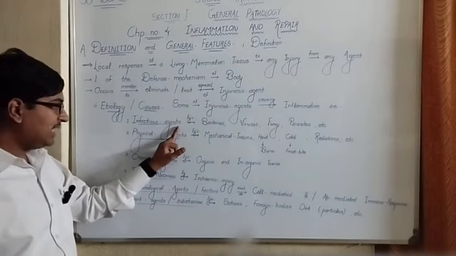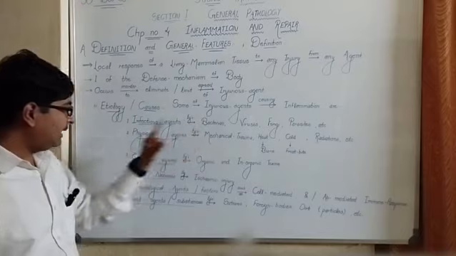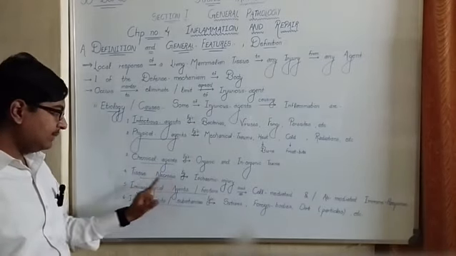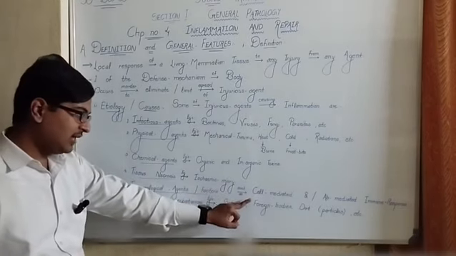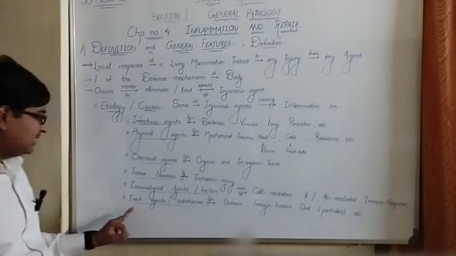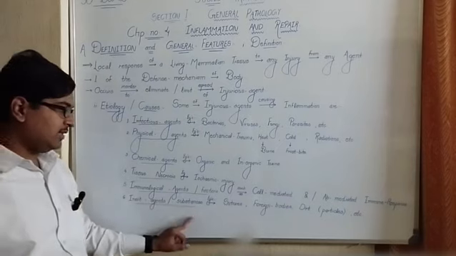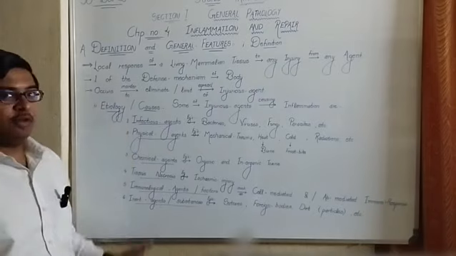First, infectious agents, then physical agents, chemical agents, tissue necrosis, immunological factors such as cell-mediated and antibody-mediated immune responses, and sixth, inert agents or inert substances. So these are a few general points about inflammation.